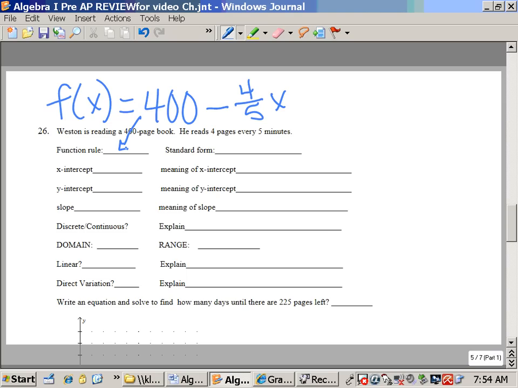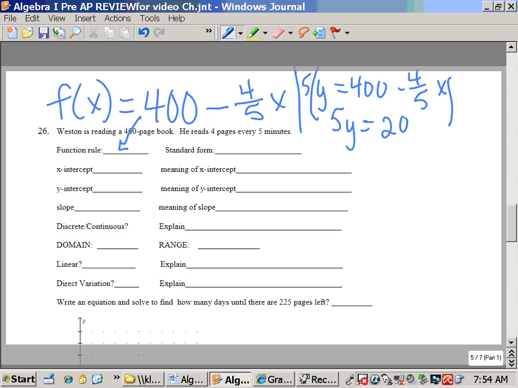Now I need to change that into standard form. So I'm going to go y equals 400 minus 4/5 x. Multiply everybody by what? 5. By 5. So multiply by 5. So we got 5y equals 2,000 minus 4x.